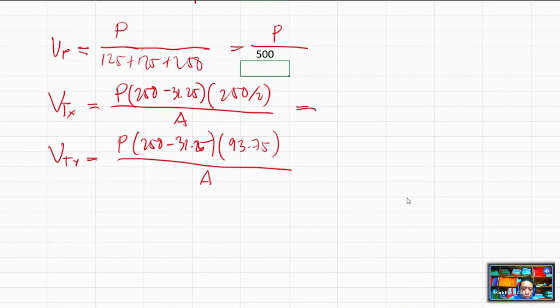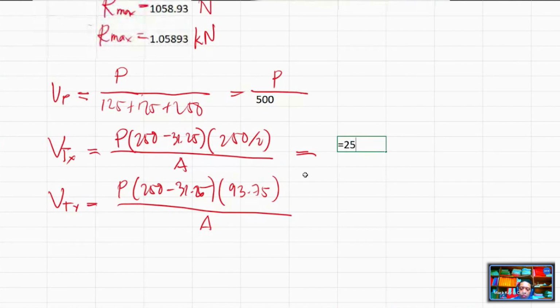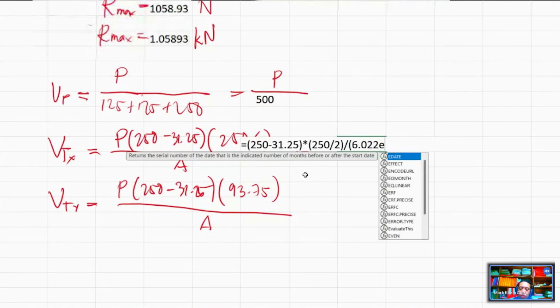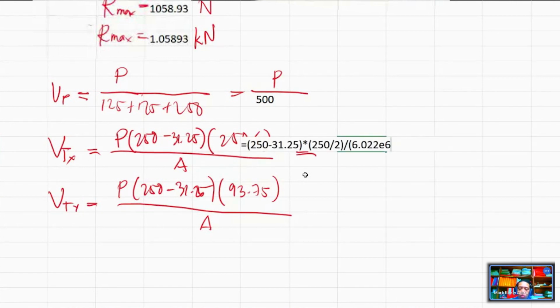So, gin-express niya everything in terms of P. So, this will be equal to 250 minus 31.25 times 250 over 2 divided by 6.022 times 10 raised to 6.